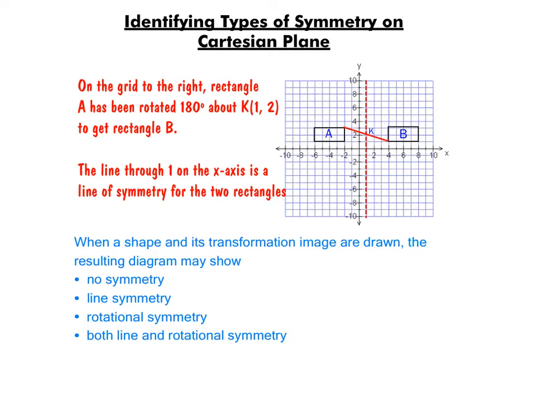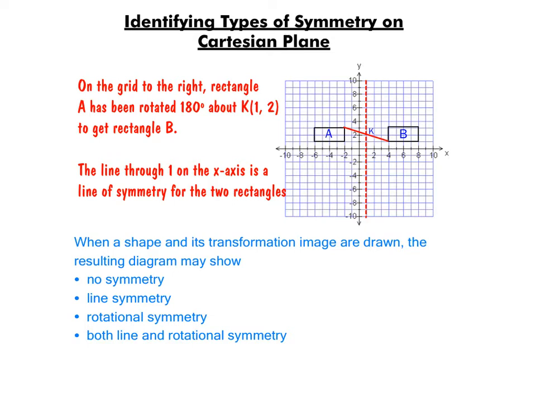Right here, we have a situation where we have a rectangle A and a rectangle B, and we see that we have a red dotted line here. That would indicate line symmetry. So line symmetry exists through 1 on the x-axis.